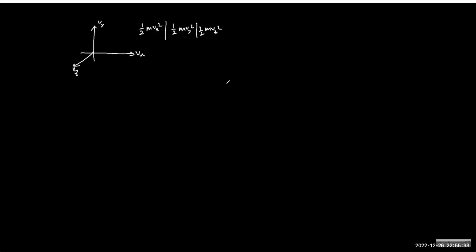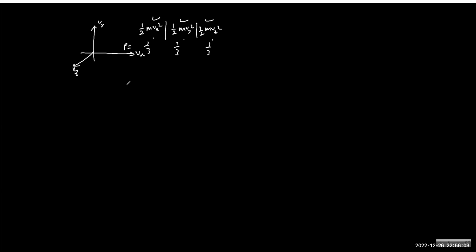So how many translational degrees of freedom can they have? 3. What is the probability of having this component, or this component? Same or unequal? Yes, equal. The probability is 1 by 3 for all. Correct? So every event is an equiprobable event, yes or no?